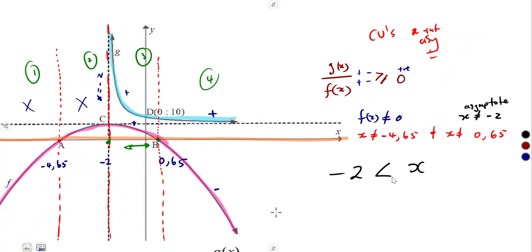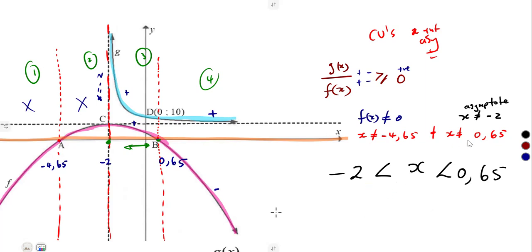X is greater than -2, but less than 0.65. Can it be equal to -2? No, because it is an asymptote. So you cannot put that equal to, even though it is there on your question. This question is graphical, so you answer from the diagram. You don't answer your own way. So x cannot be equal to -2.